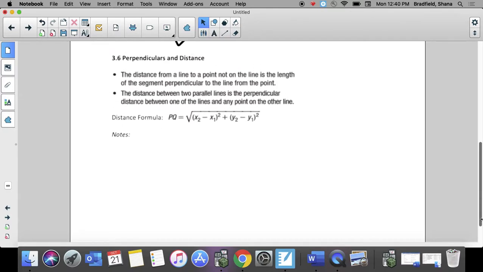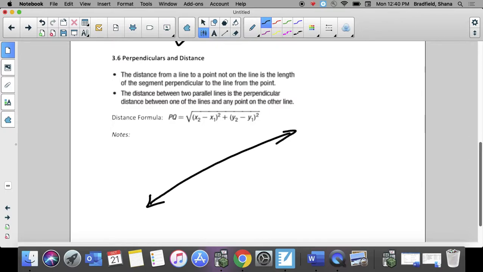All right, for the last lesson, we had perpendiculars and distance. And it's basically how do we go from a point to a line? So we have a line and we have a point. In order to find the distance from that point to that line, we need to draw a segment that is perpendicular to the line that we're going to.